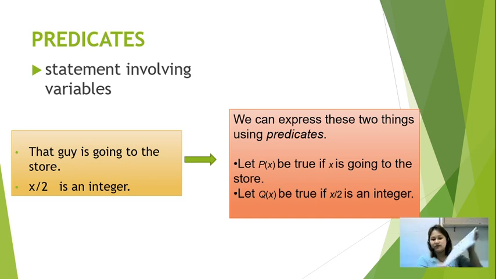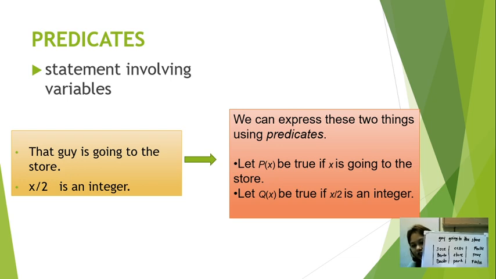If I have here, I hope you can see it. So let's say, that guy is going to the store, right? That guy is going to the store. So the first names we have Jose, Berto, and Dado.